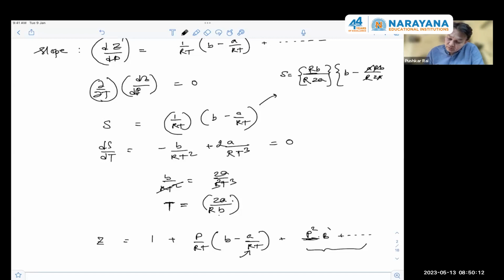And this is B by 2 and B. And R cancels. And this is B by 2A. B by 2A, and that is equal to B by 2. So this is coming out to be B square by 4A, if I have not made any mistake. So that is going to be the slope.